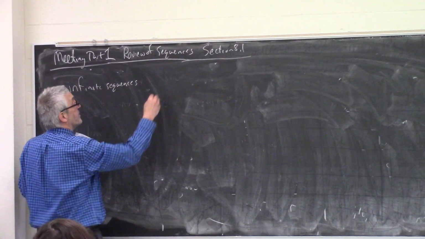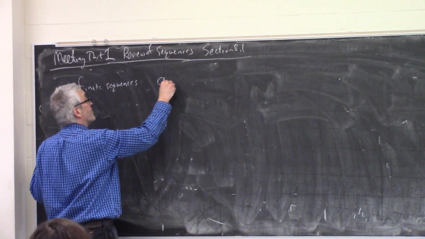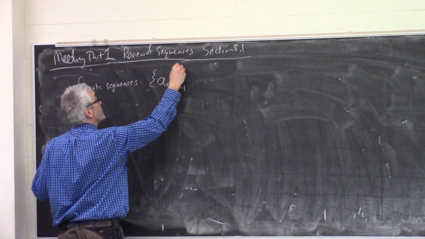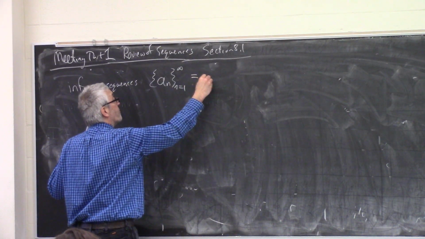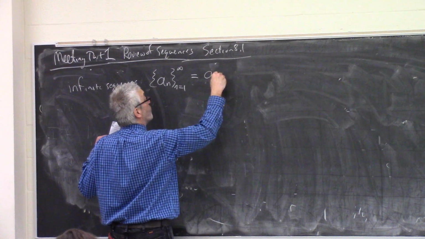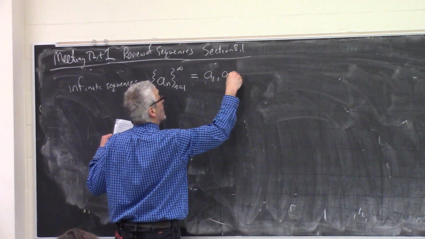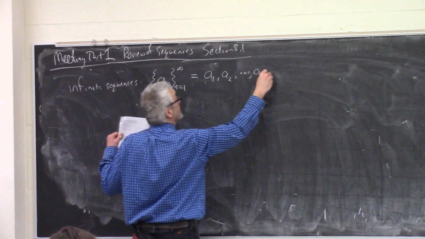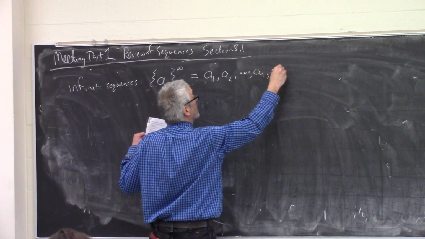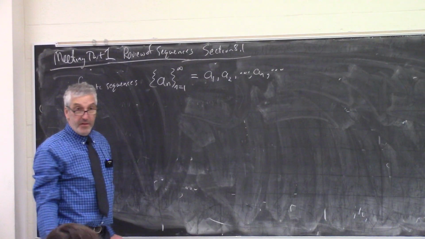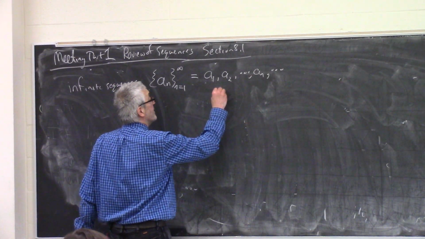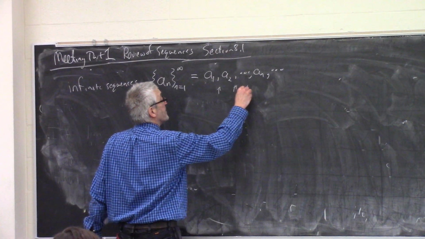That's denoted by a symbol like this, a subscript n, curly brackets, n equals 1 to infinity. And what that stands for is this list: A1, comma, A2, comma, dot dot dot, comma, A subscript n, a generic entry going on forever. The key thing about sequences is the things in this list are separated by commas.